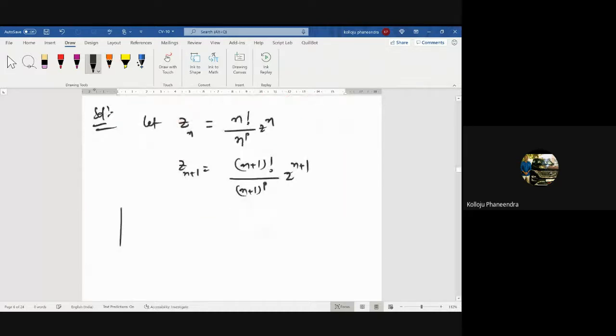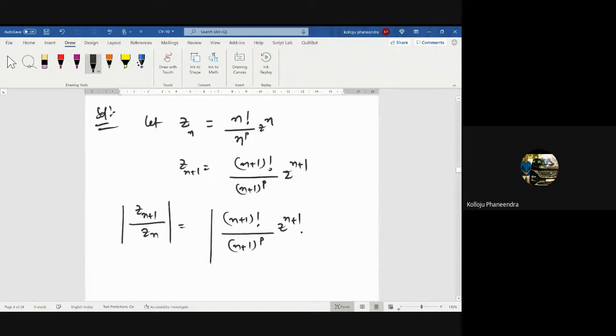Then mod Z_{n+1} by Z_n value. So this is mod (n+1) factorial by (n+1) whole power p, z to the power of n plus 1, into n to the power of p by n factorial into z to the power of n. You will get, right?